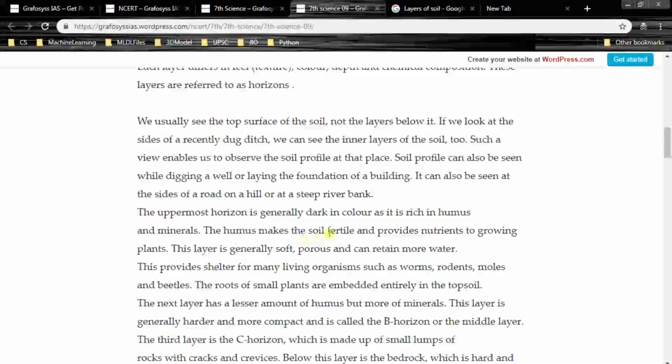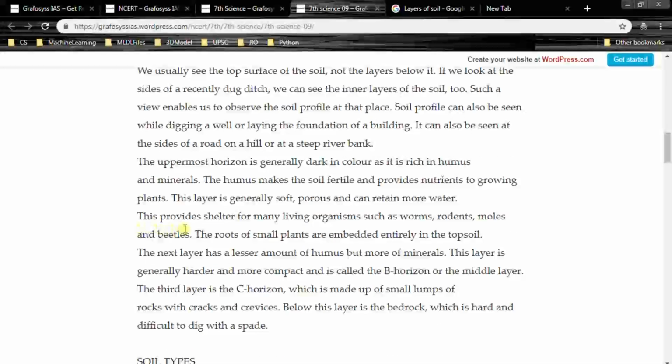The humus makes the soil fertile and provides nutrients to growing plants. This layer is generally soft, porous, and can retain more water. This provides shelter for many living organisms such as worms, rodents, moles, and beetles. The roots of small plants are embedded entirely in the topsoil.